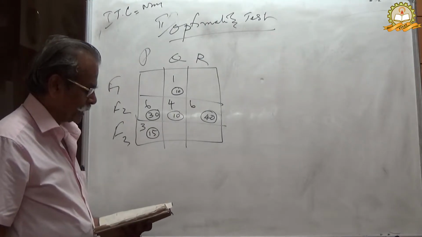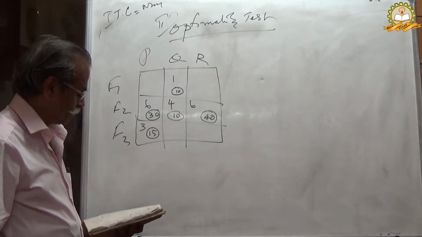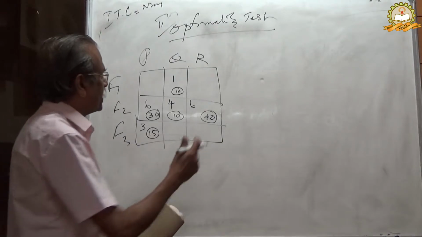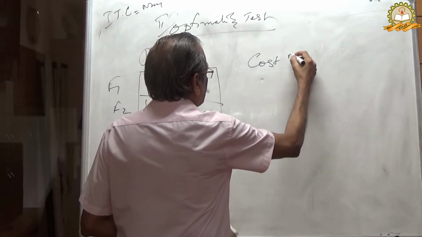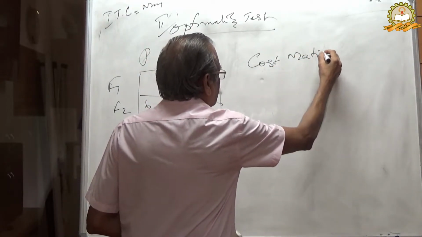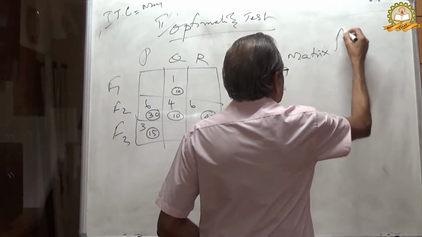Therefore, we write the third step, cost matrix for the allocated cells.